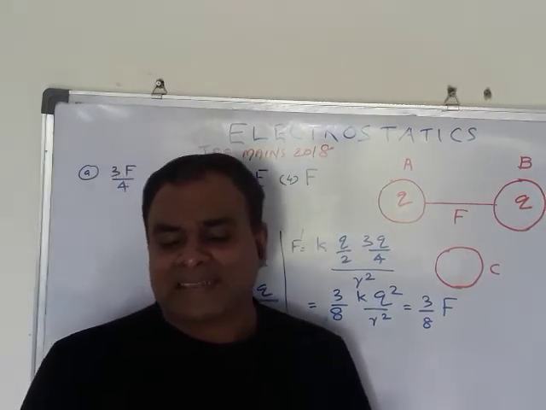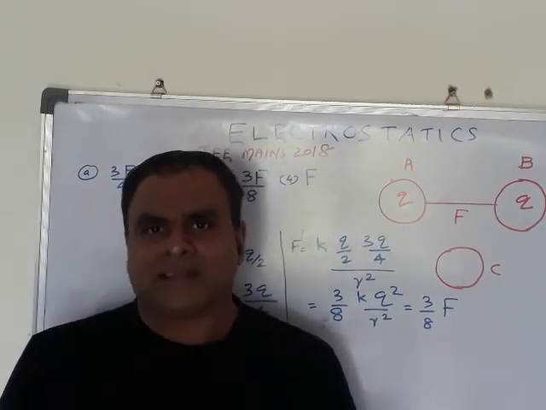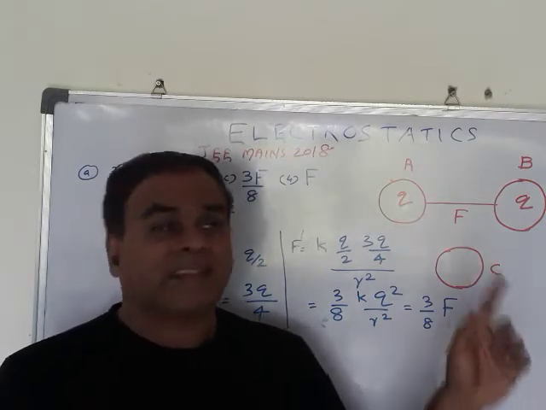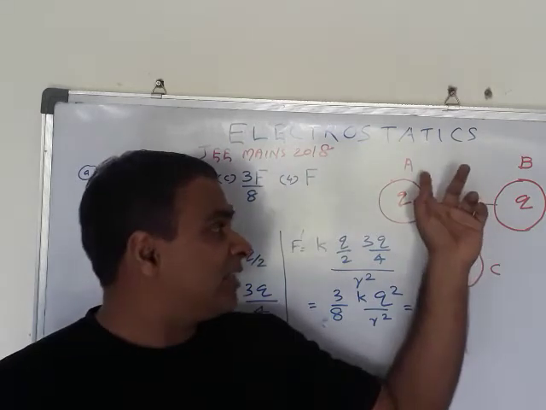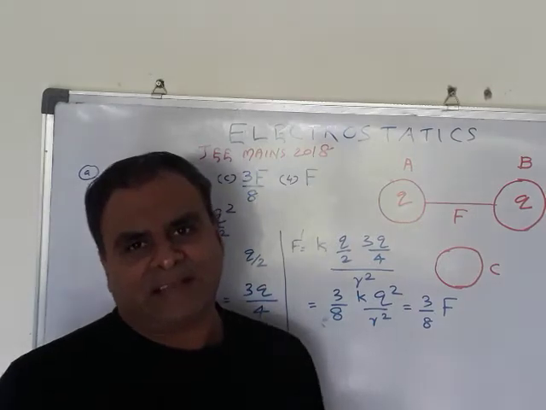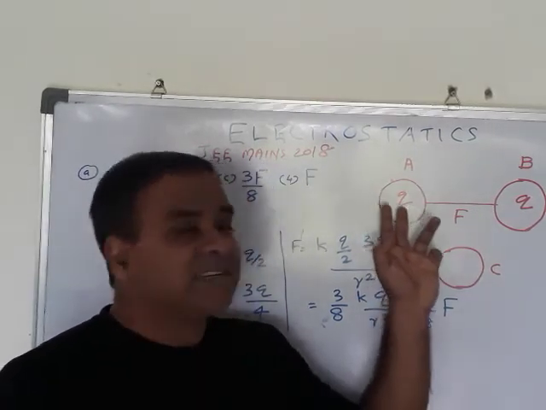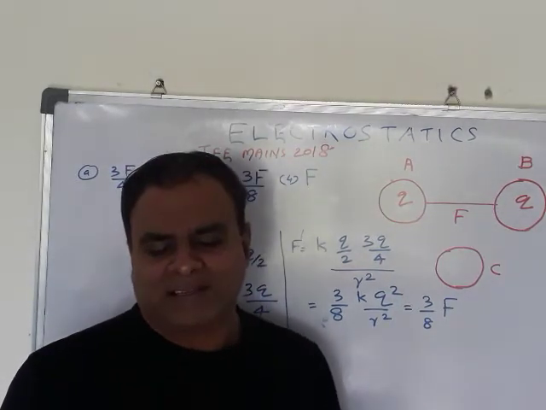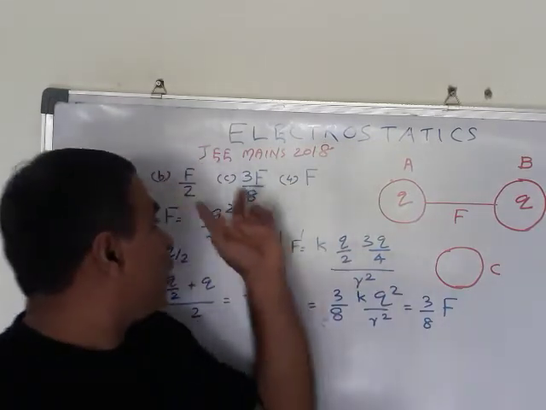As a result, the force between A and B would be equal to what? Initially the force between these two spheres is F. After this process, where C is first touched to A, then touched to B, and then removed, what should be the force? The options are here.